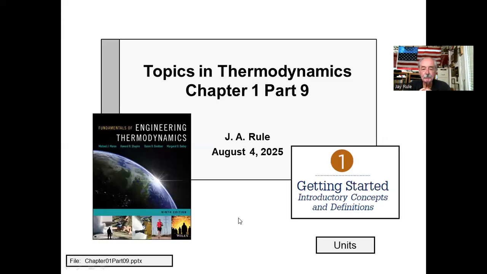So I hope that this module on units gives you some practice, some guidance, some example problems. Some of these example problems, a couple of them can get a little tedious. So hang in there, have a look at the kind of examples I give you, and this might help you in solving even some of your early homework problems.